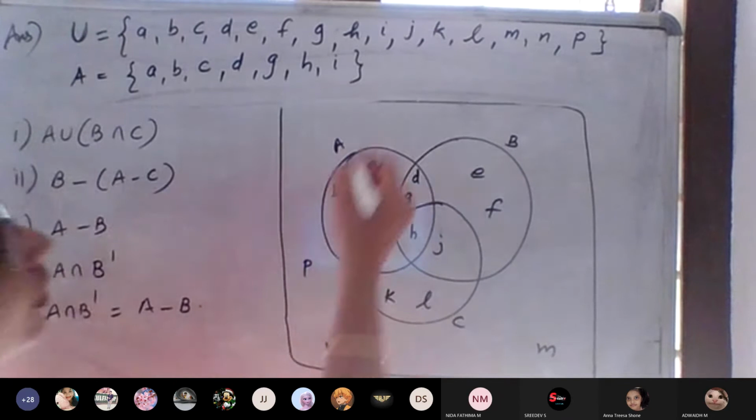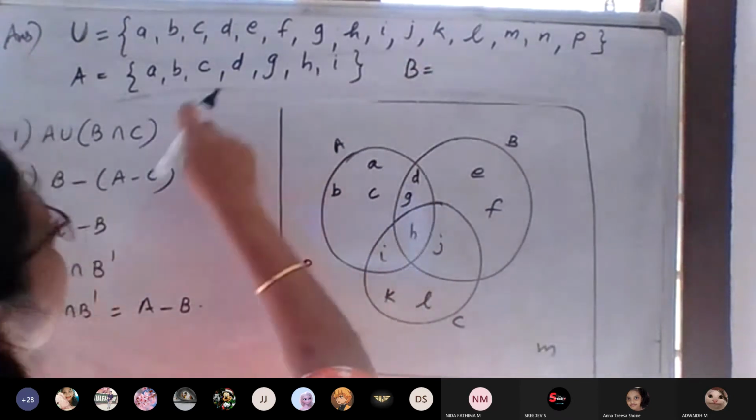Then B. B is equal to, I don't have space, that's why you can write down.